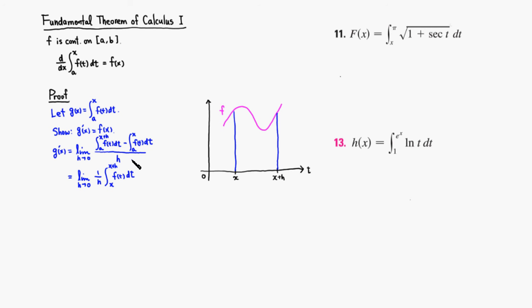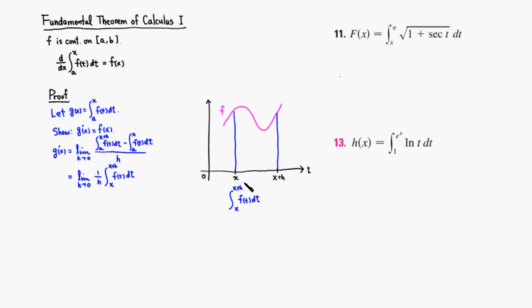Let's look at the picture so that we have some idea of what's going on. If you look at the integral from x to x plus h of f of t dt, I drew a picture here, and this is the graph of f, and the interval is going from x to x plus h.